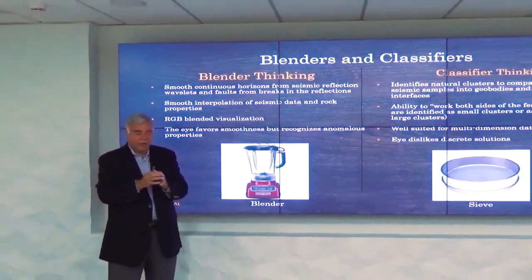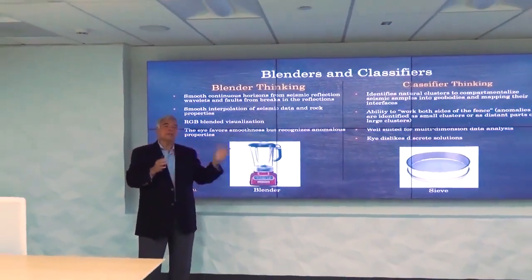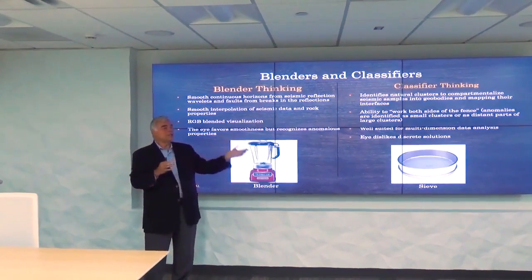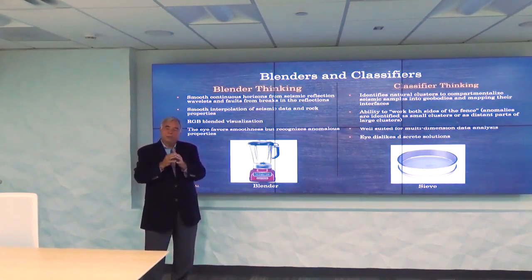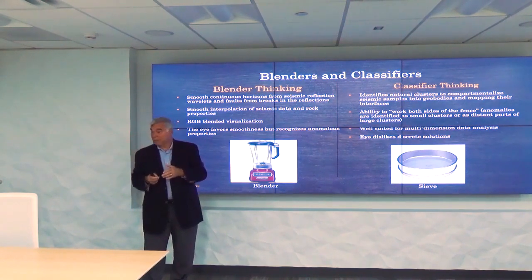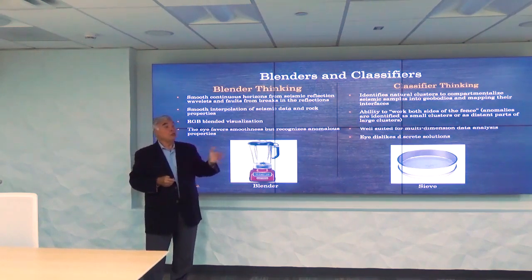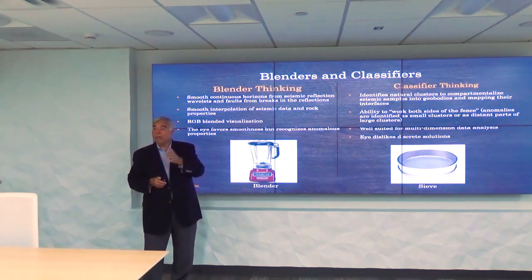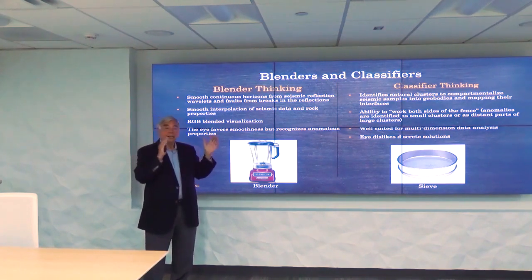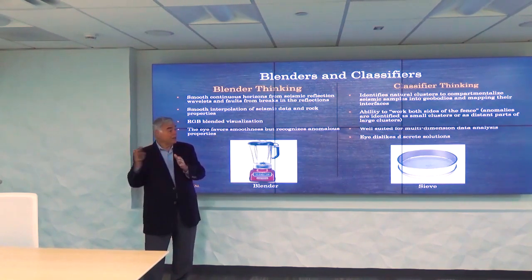What I'm talking about here is that sometimes you want to define what is the continuous smooth part, and sometimes you want to identify what is on the other side of the fence, which are your anomalies. And with machine learning, here's the cool stuff. With machine learning, you can control where that breakover is between the continuous part and the anomalous part.